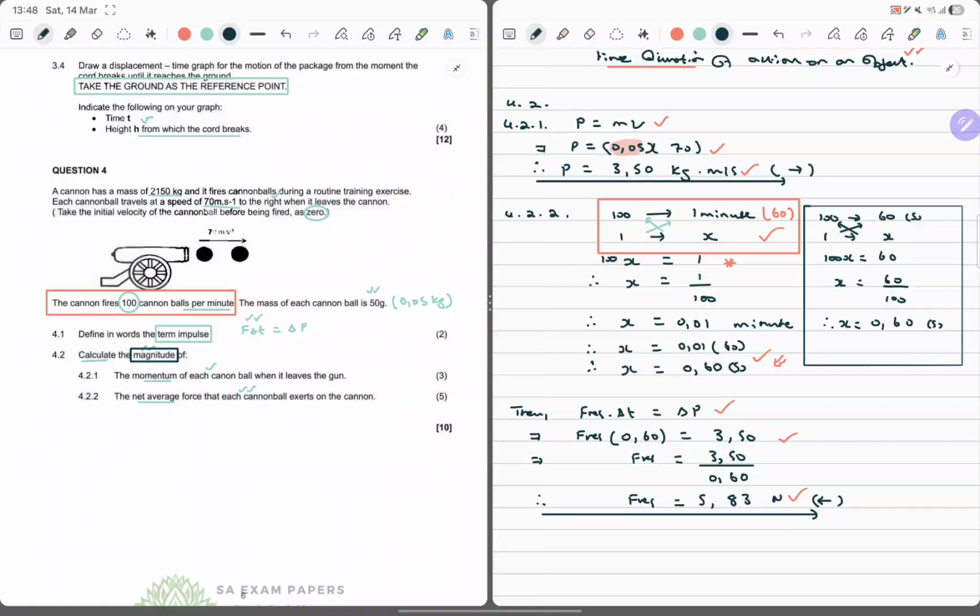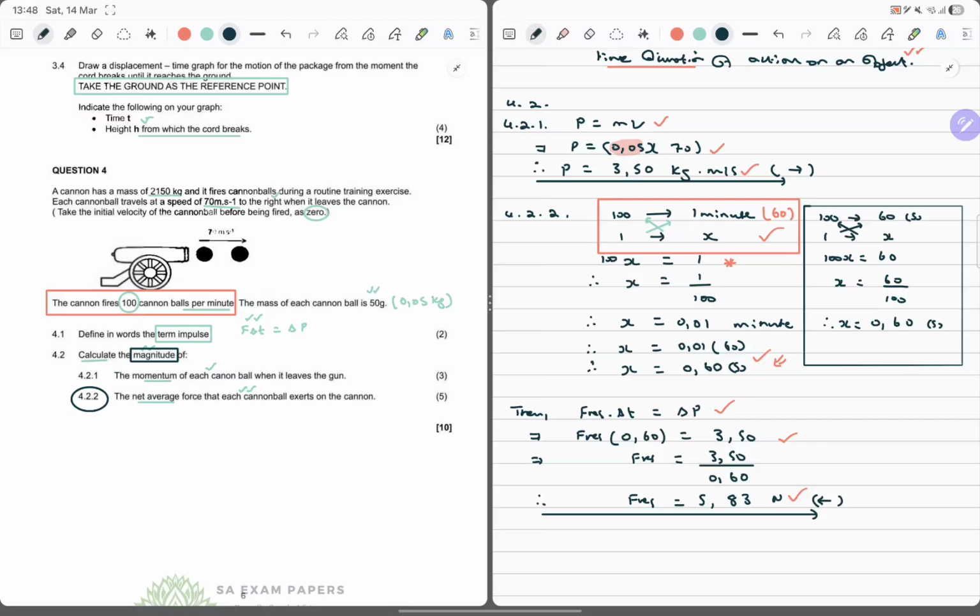Because that question, the last one, I have a feeling the extra mark, the 5th mark, must be for the direction, because although the answer came up positive, this means the force exerted by the cannon on each ball, because we saw the balls changing their momentum.